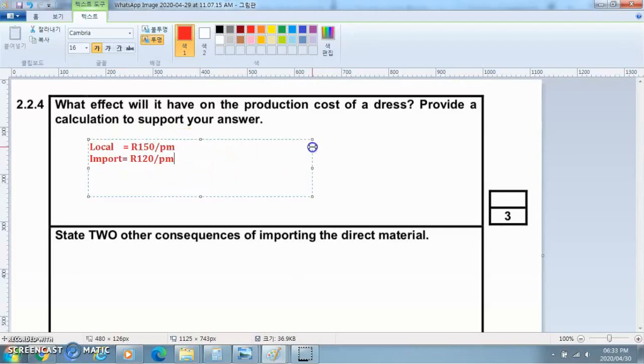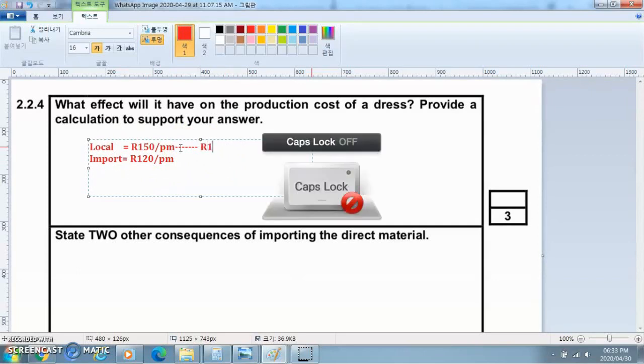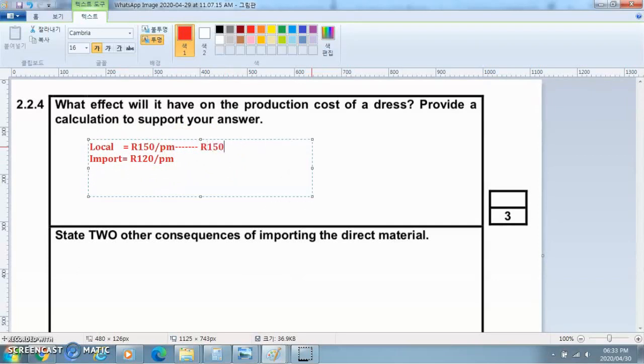So the next step that I'm going to apply here is to say 150 rands, multiply, because this is per meter, right? Remember, we need 2.5 meters to be able to make one dress, right? So we say 150 multiplied by 2.5 meters.